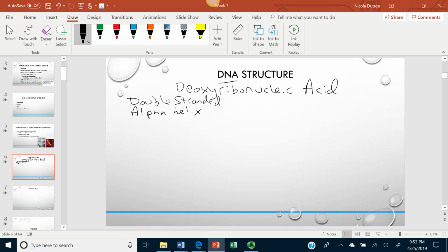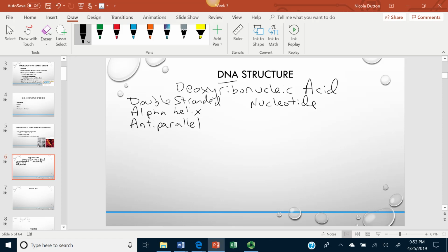And the strands run in opposite directions, so it's known as being anti-parallel. And again, that means that the strands run in opposite directions. So the major building block of DNA is going to be a nucleic acid, or a nucleotide.